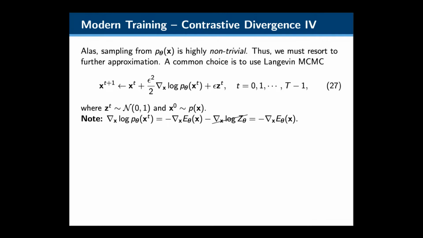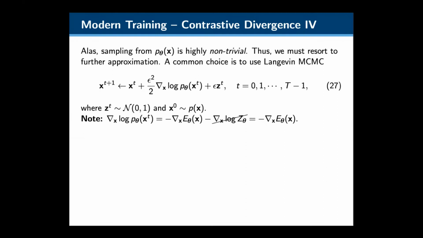So the idea here is we take some of our original training data and we iteratively perturb those training examples with a bit of noise and a little bit of gradient. And as we perturb, we get closer and closer to samples from our actual model.